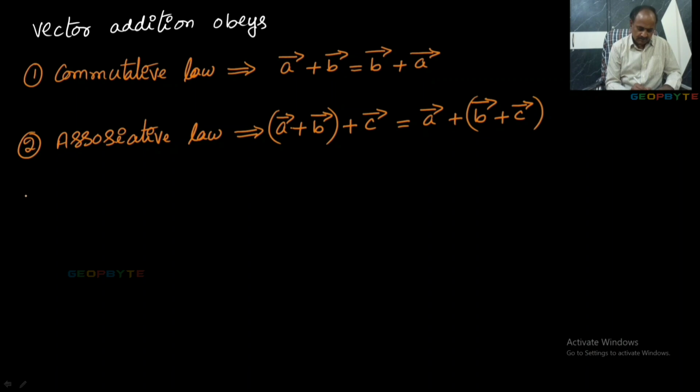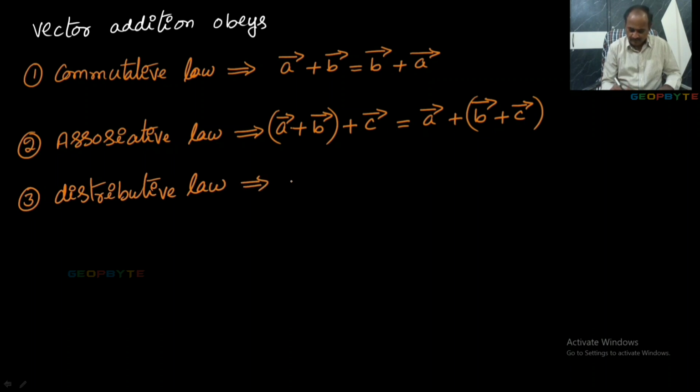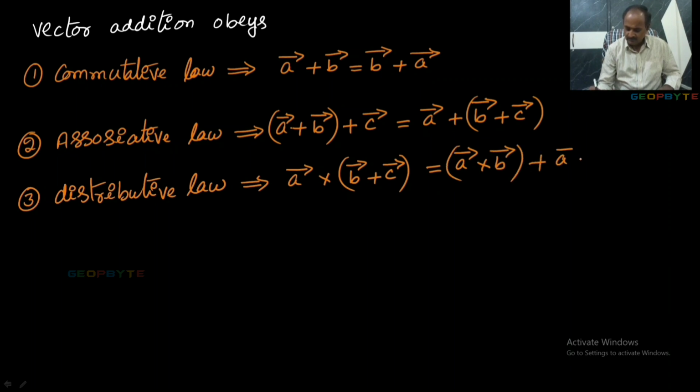Similarly, vector addition also obeys the distributive law. The distributive law is vector A cross vector B plus vector C is equal to vector A cross vector B plus vector A cross vector C. This is the distributive law.